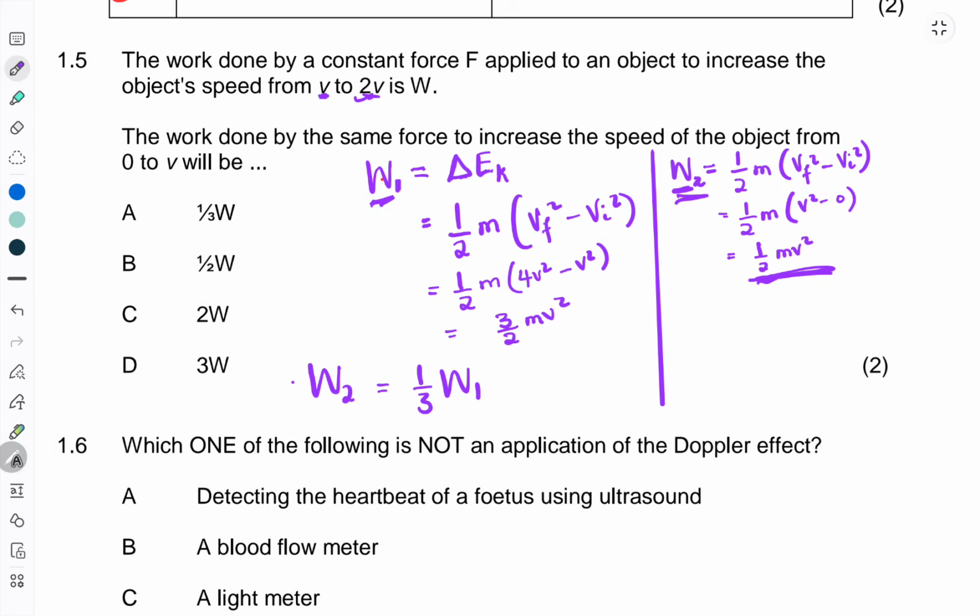So you can take a ratio of the two: work 1 over work 2 is 1 over 2 mv squared over 3 over 2 mv squared. Obviously those will go away, and you'll find that work 1 over work 2 is 1 over 3. Then you can cross multiply, and you'll get the same thing. That's another way of looking at it.